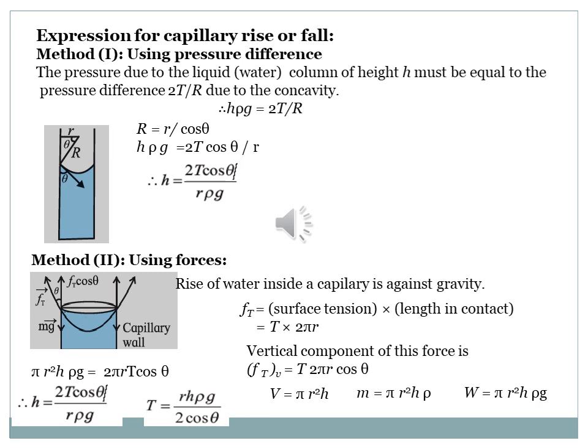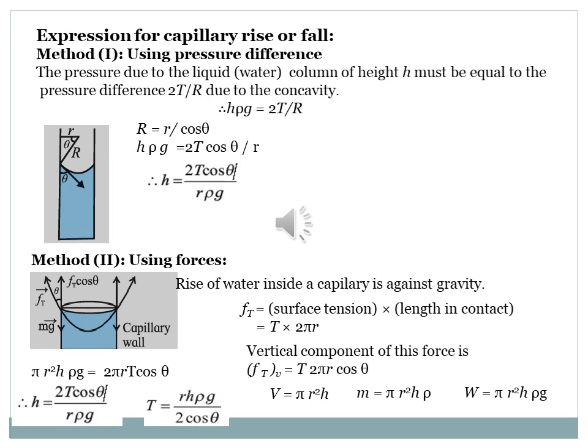Now have a look at the diagram in which the capillary tube is there, and small r is the radius of the capillary tube, which is approximately equal to 1 millimeter, and capital R is nothing but the radius of the meniscus, which is forming inside the capillary tube. Now as we have said, this method deals with pressure difference.